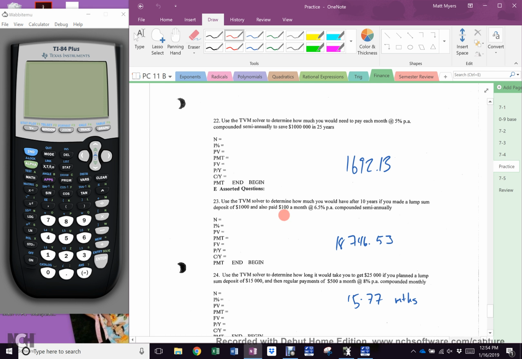Also paying $1,000 a month. So you started at that. There we go. Well, he's paying like 100, so it's going to be his minus. Yeah, I might have made an error.